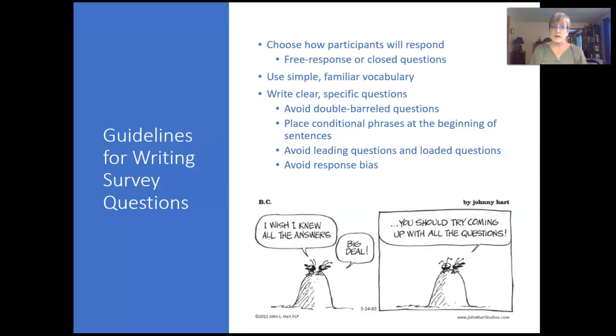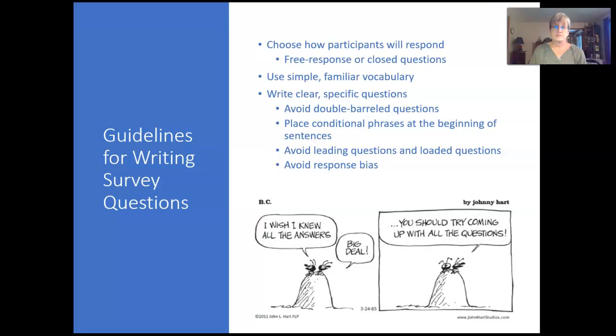And when you do that, you're never going to be sure which question they are responding to, or whether they are responding to both. And as a result, as a researcher, you can't really interpret any findings coming from a double-barreled question.